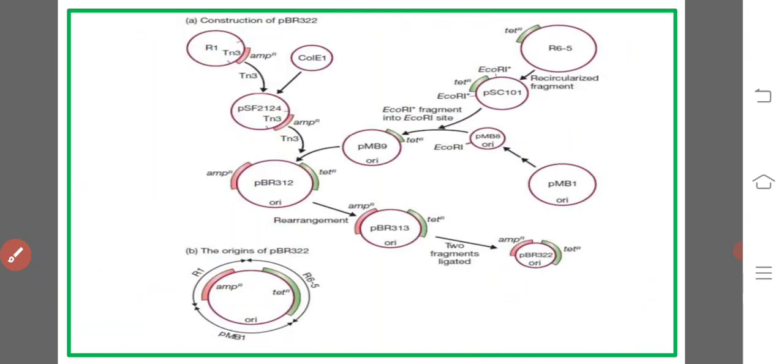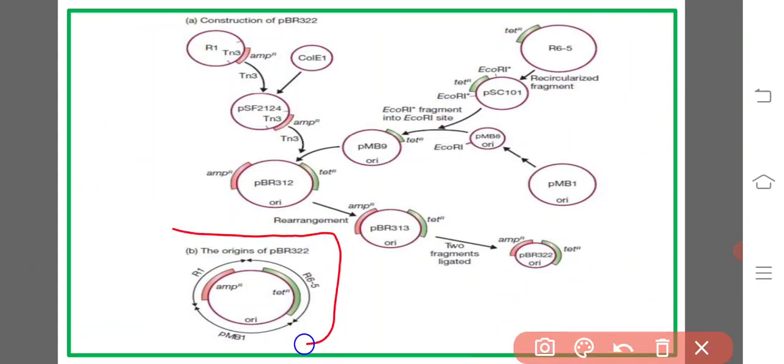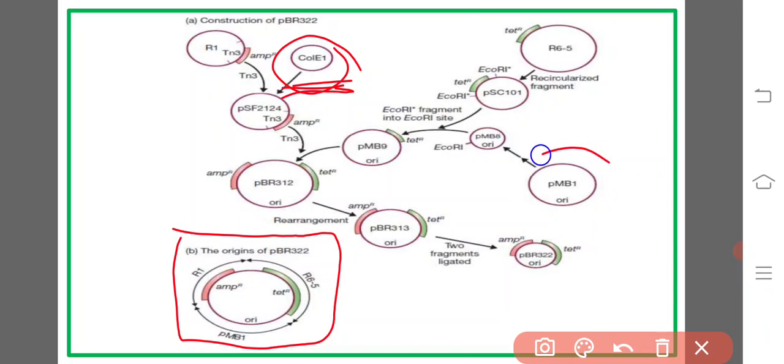And it is a reconstructed plasmid. So this is the complete picture of pBR322. Some portions have been taken from different kinds of organisms. For example, Col E1, and here the ORI from pMB1, like that.